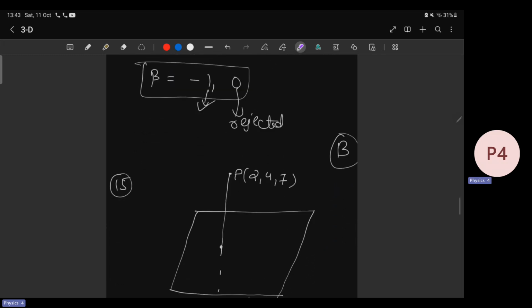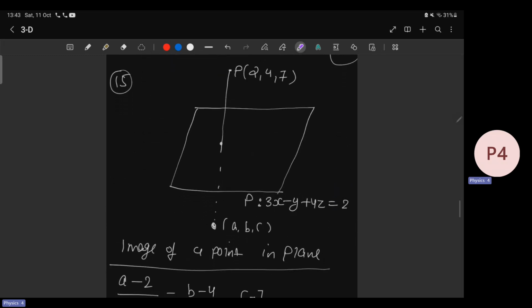Now we move on to the next question, that is question number 15. If the mirror image of the point 2, 4, 7 in the given plane P is A, B, C. So P is the point and this is its image in the plane.